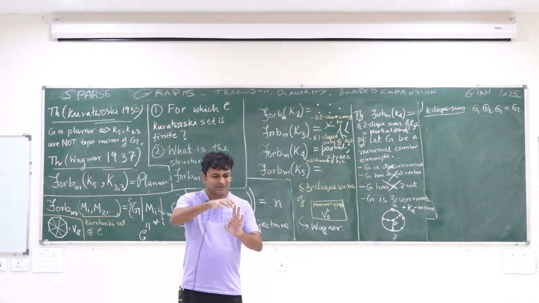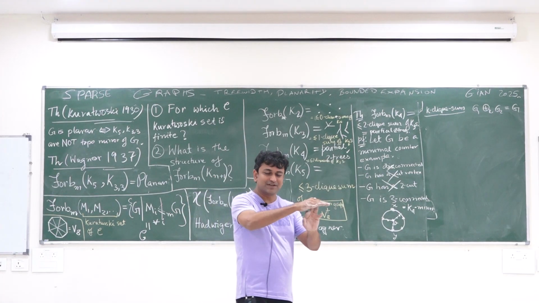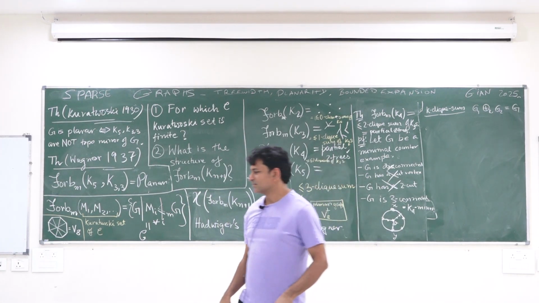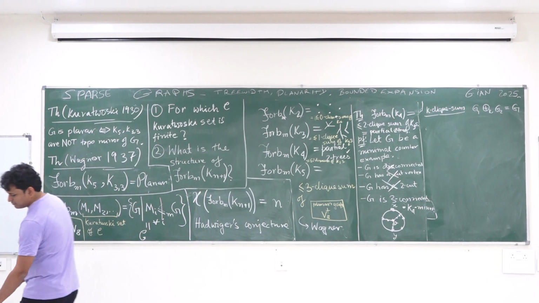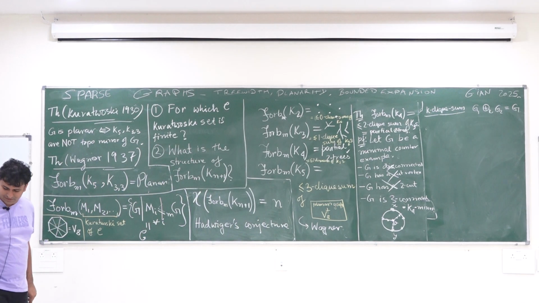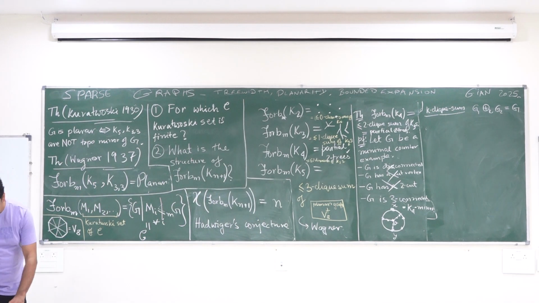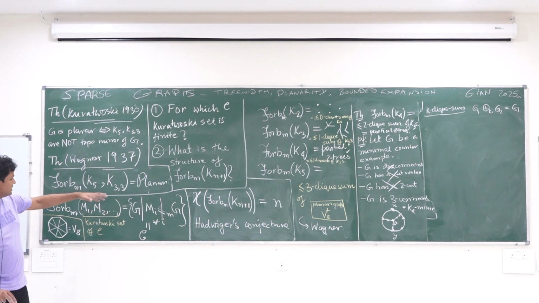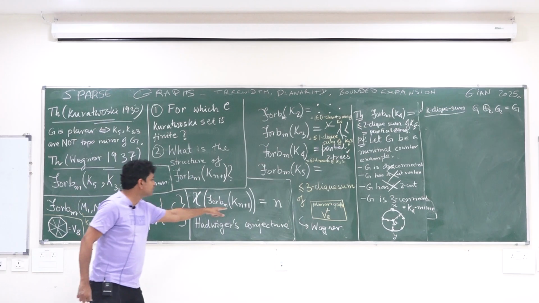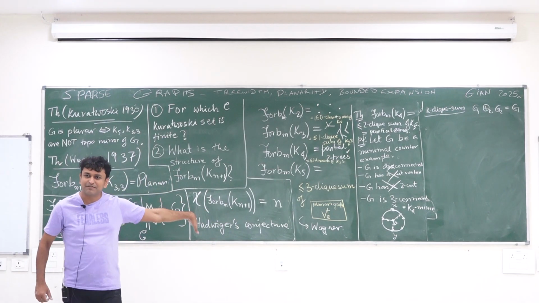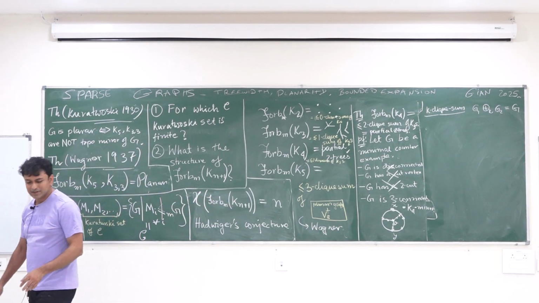If you remove those conditions, then you can prove it. So it's not proved here. And for 8 onwards, it's wide open. Okay? So this is Hadwiger's conjecture. And in the proof for K equals 5, linkless graphs are used somewhere.